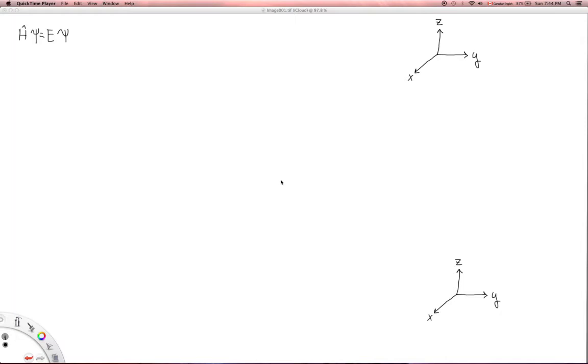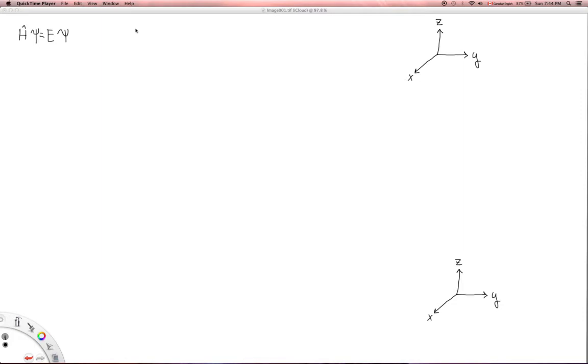I'd like to talk a little bit about the atom, and specifically about what are known as quantum numbers. The quantum numbers are a set of four numbers, and you guys should be familiar with these numbers from general chemistry.